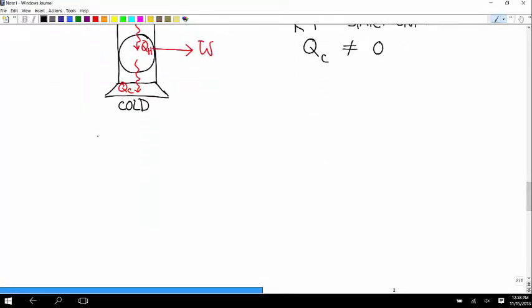Like I said, we'll use this to establish, not just as something philosophical or whatever, but practically useful mathematical limits on the performance of three types of cycles.